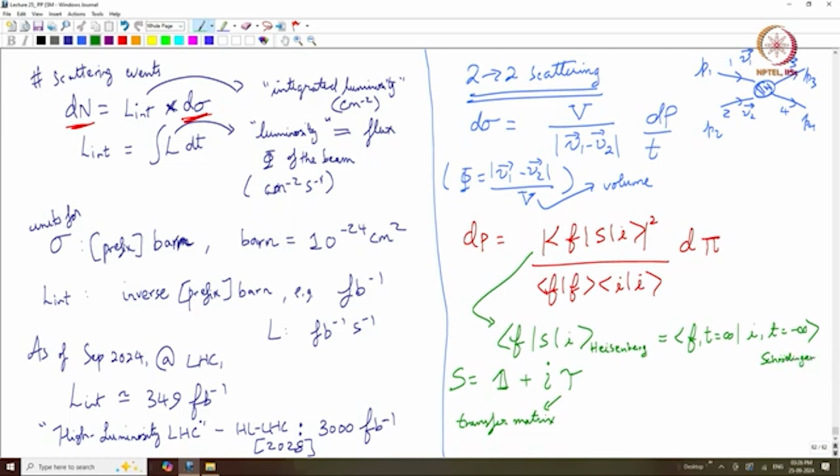So here the states evolve. In the Heisenberg picture, it is the matrix that evolves. Correct? So, in other words, I am taking asymptotic states. I am taking an initial state at t equals minus infinity, and then I am asking what has happened to that state when I go to t equals infinity, and that is captured by this S matrix.